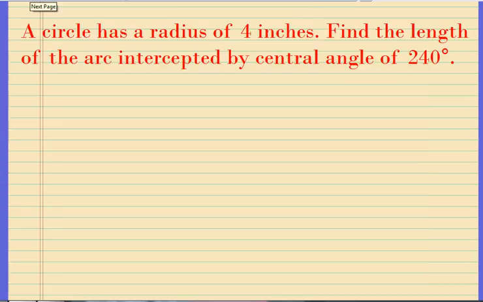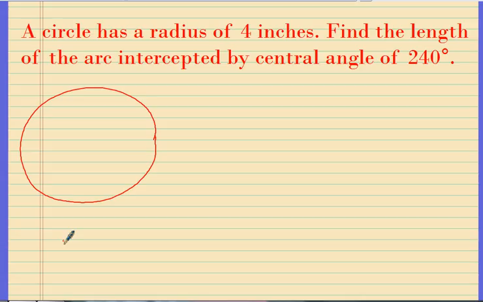All right, so here we go. Here's the situation. It says the circle has a radius of 4 inches. Find the length of the arc intercepted by an angle of 240 degrees. Okay? Find the length of the arc represented by the central angle of 240 degrees. So first of all, let's kind of draw this out. All right, I'll try my best to make sure it's a decent circle.